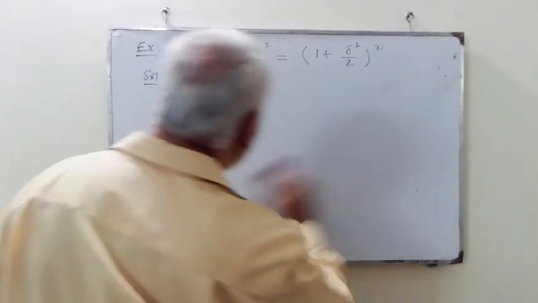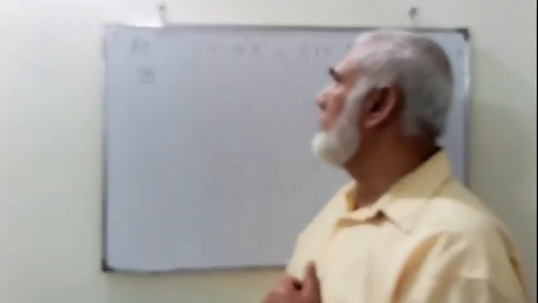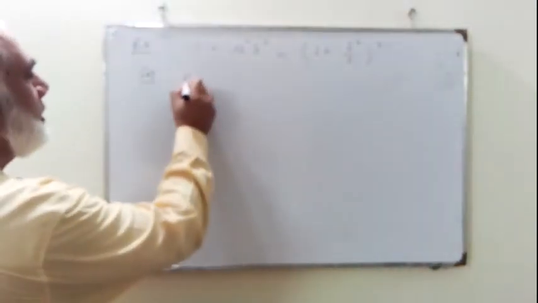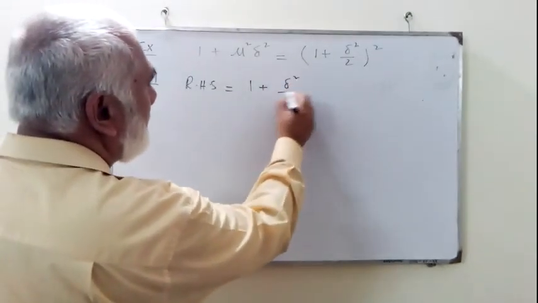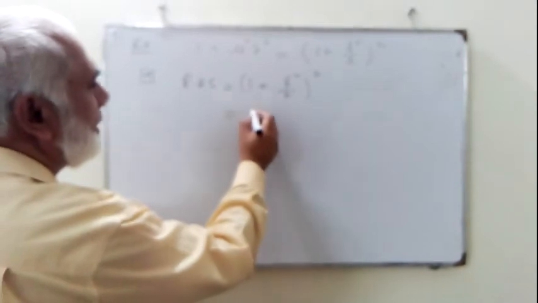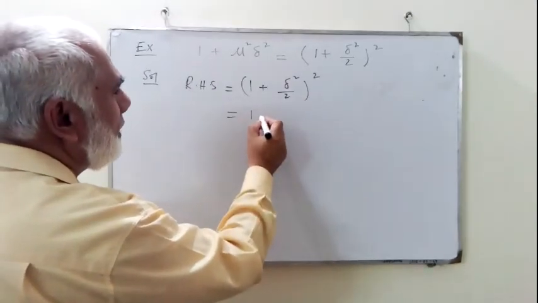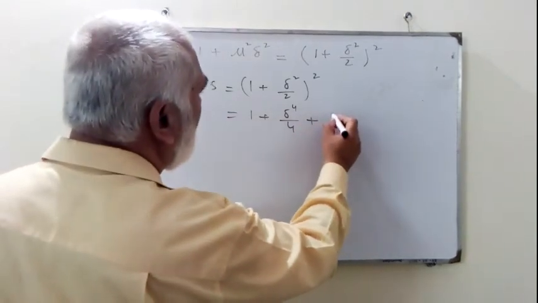Now in order to verify it, we'll be using one side and orienting the other side. Okay, in order to solve this identity, here we use the right hand side of the identity, which is 1 plus delta square by 2 whole square, and if we expand the square, we get 1 plus delta 4 by 4 plus delta square.